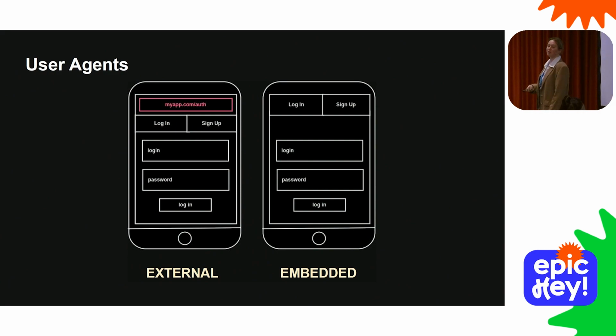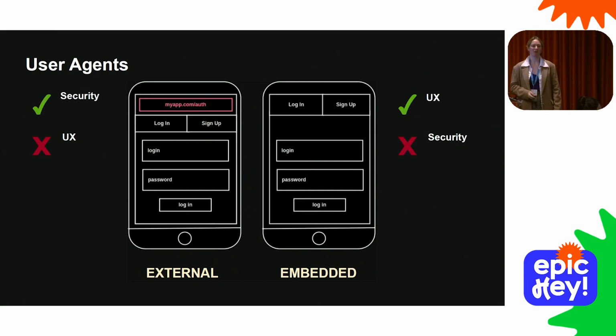And when we talk about user agents, it's always a matter of trade-off, because on one hand, embedded user agents provide really nice UX, and the user just stays in the app. On the other hand, it's completely useless in terms of security, because it violates the principle of least privilege. When we use embedded user agents, they do have access to the user's full credentials profile, not only the small part that was intended for it, which is a violation of one of the core principles.